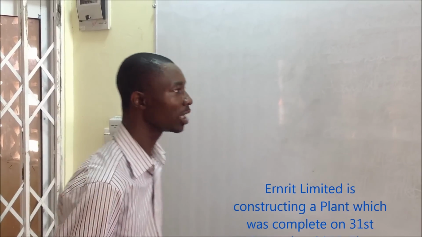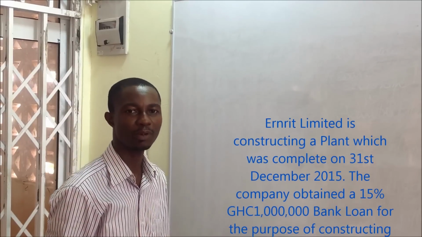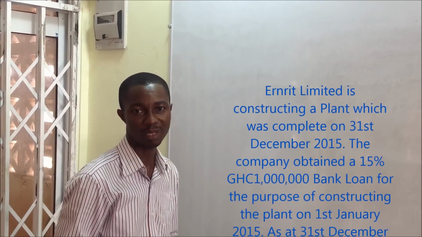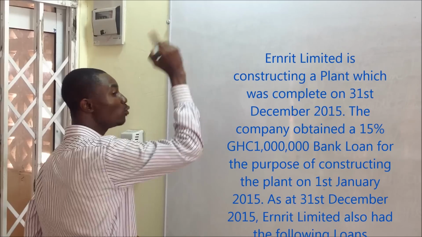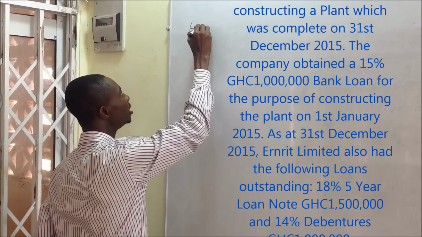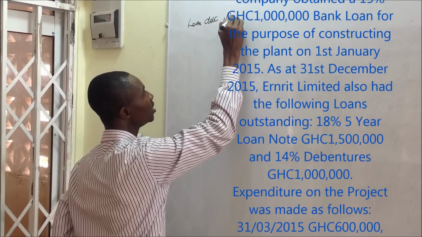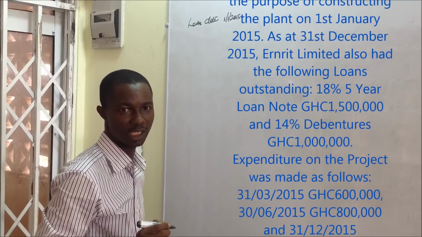For the purpose of illustrating the accounting treatment for borrowing costs, we'll use the information that appears on your screen currently. From that information, we are told that we are borrowing funds for the purpose of constructing an item of plant. Now, when were the funds obtained? We are told that the loan date is on 1/1/2015, 1st January 2015.